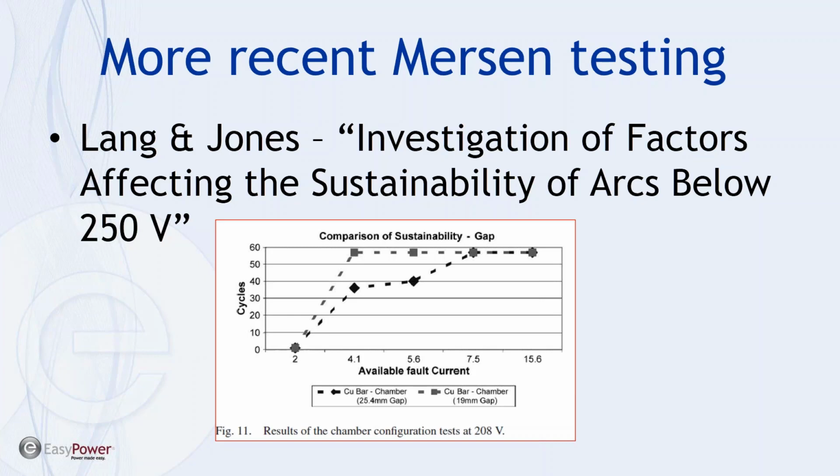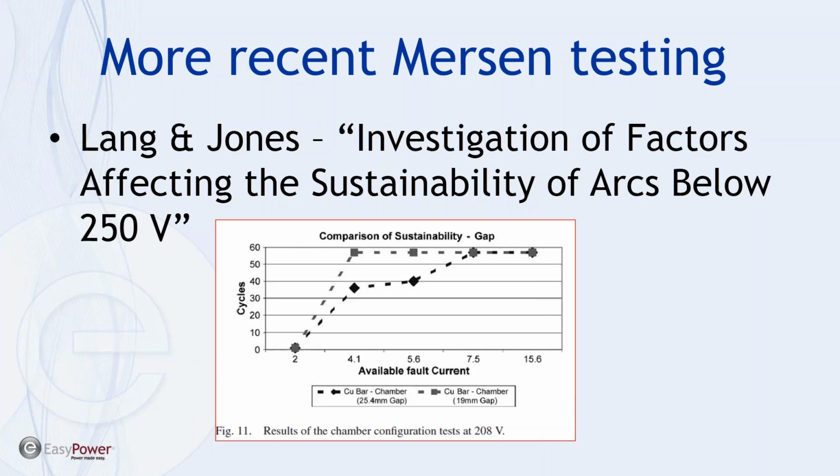Oh, and by the way, I will be more than happy to share my list of references or bibliography for this book report if you ask for it on the list of questions. What they reported is that if you look at 208 volt arcs with different available fault current, and interestingly enough, with different available bus material, you have a better view of what's going on with this low voltage arcing situation.